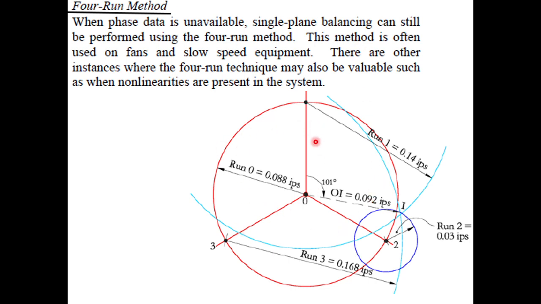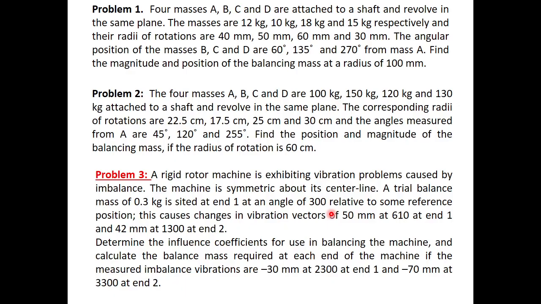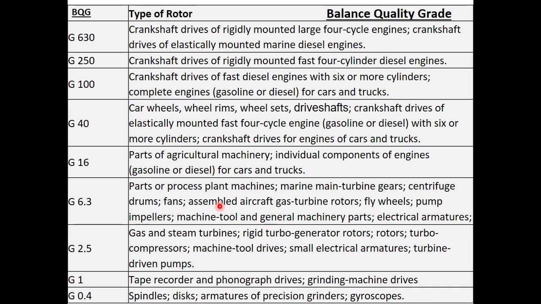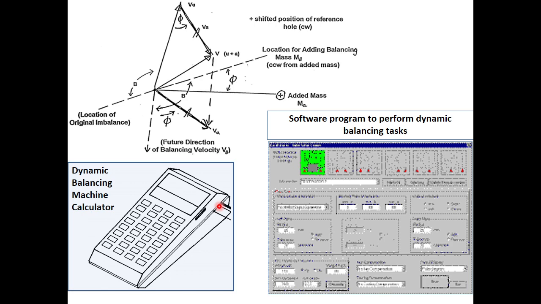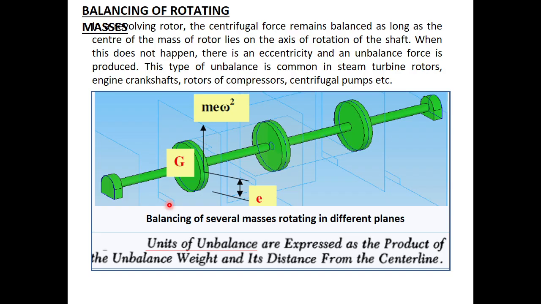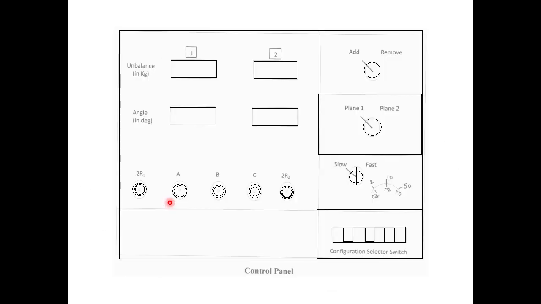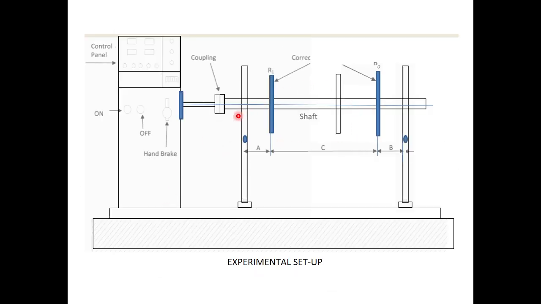Ultimately, they are finding out the correction mass and the angle for that correction mass. Anyway, some problems are there. Now, this is not part of your experiment, but at least you must know how this machine carries out the balancing operation.